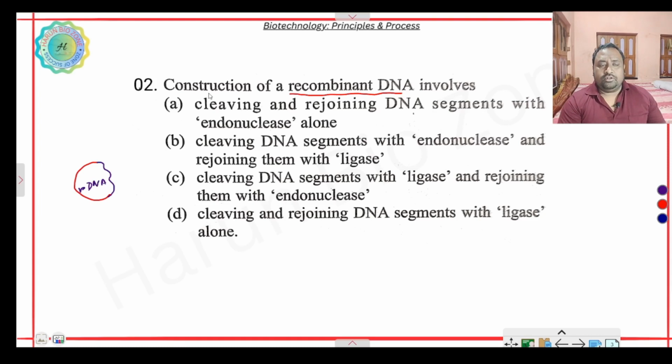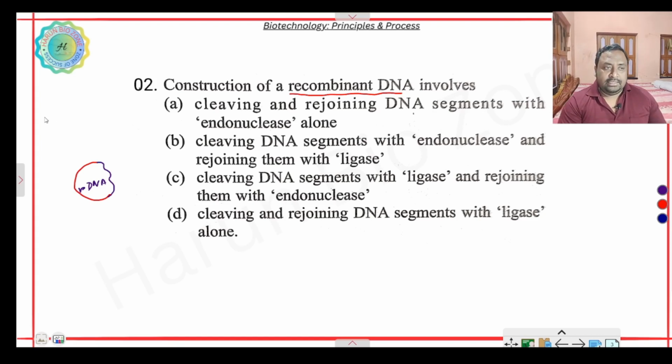Here the question says construction of recombinant DNA involves cleaving and rejoining of DNA segments with endonuclease. Cleaving means cutting, and DNA segments with endonuclease, and rejoining them with ligase.